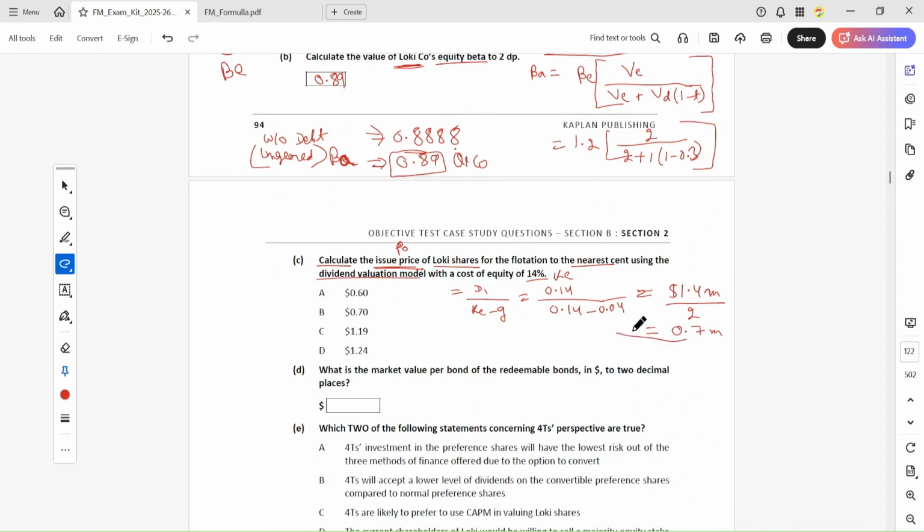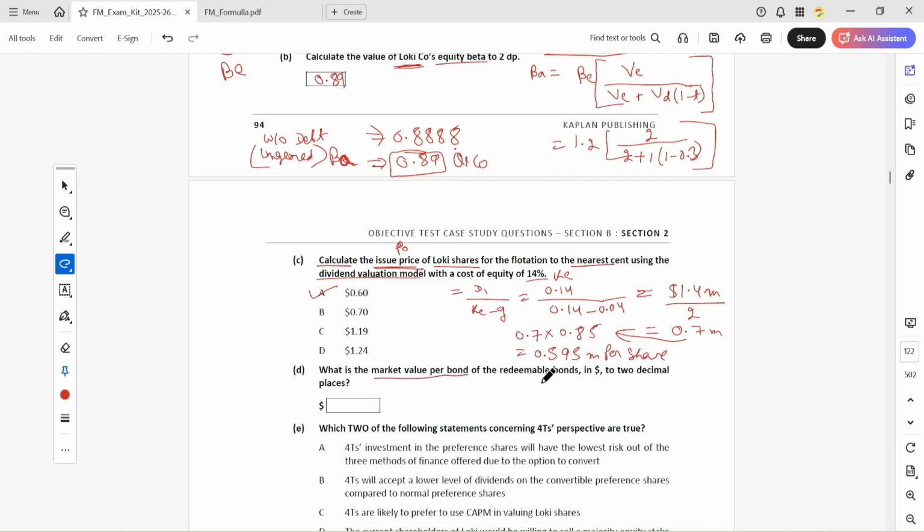Out of this we have to give a 3% discount, so the issue price will be 595 million per share.